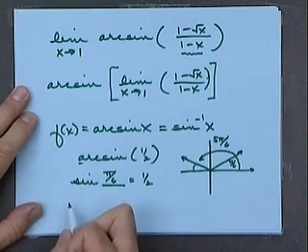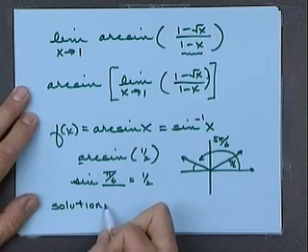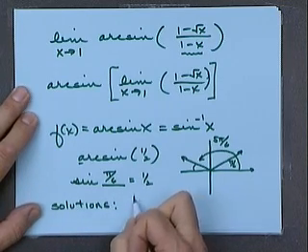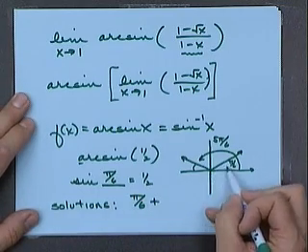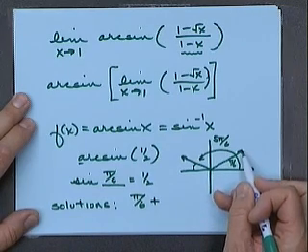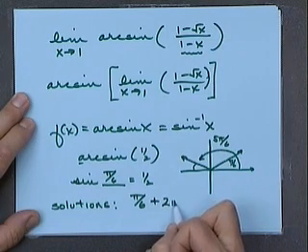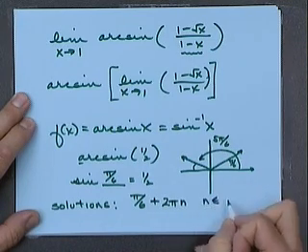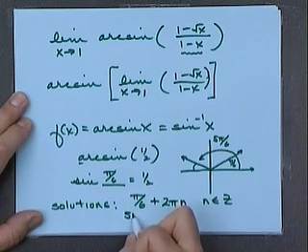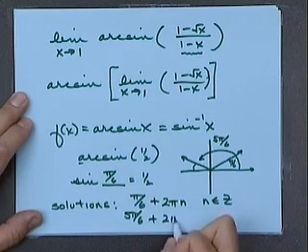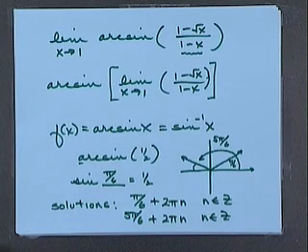But we would say that the solutions would be pi over 6 plus, and then any other angle that would end up at that same position in the plane, 2 pi n, where n is an integer, capital Z, by the way. And then 5 pi over 6 plus multiples of 2 pi added to that. So that should take care of all of the answers.